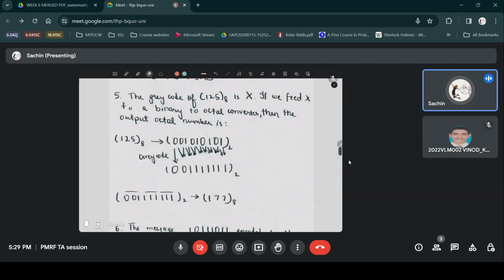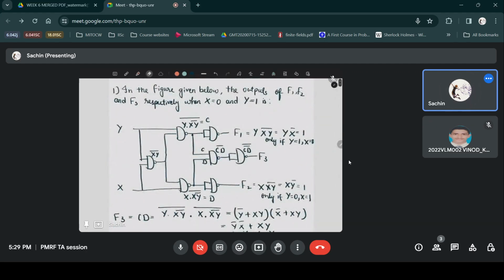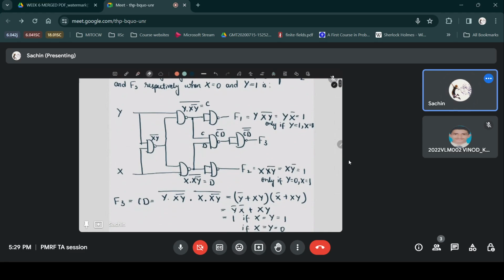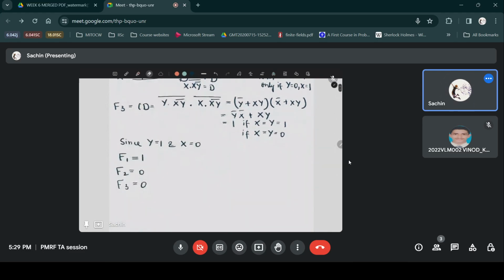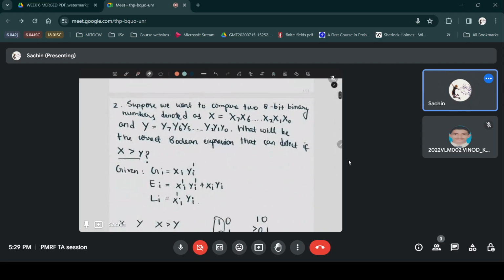I'll just go through briefly the concepts that we covered today. First question was on magnitude comparator for 1-bit numbers. Second question was on magnitude comparator for two 8-bit numbers.